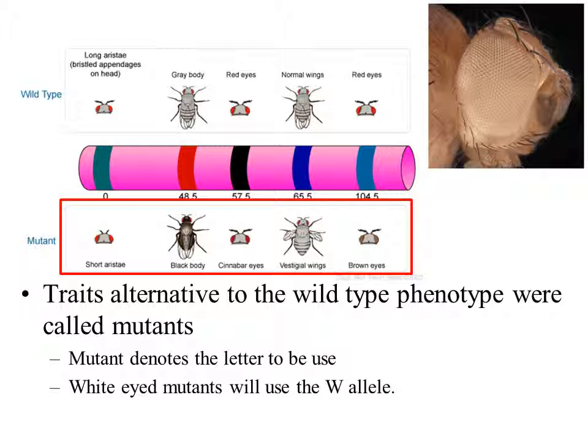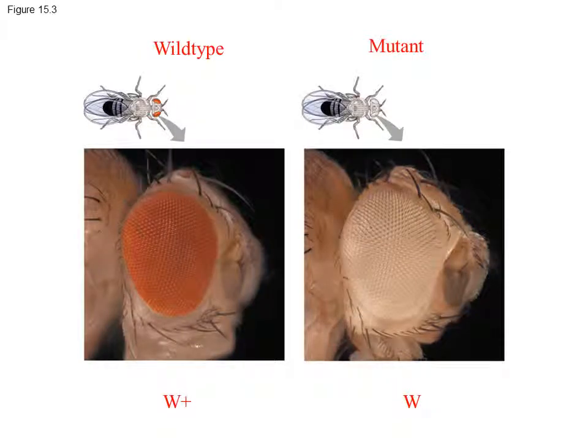Because the white eye was the less prominent characteristic, he used a big W. So since he used a big W to denote the genotype, the wild type individual would be a W with a plus.